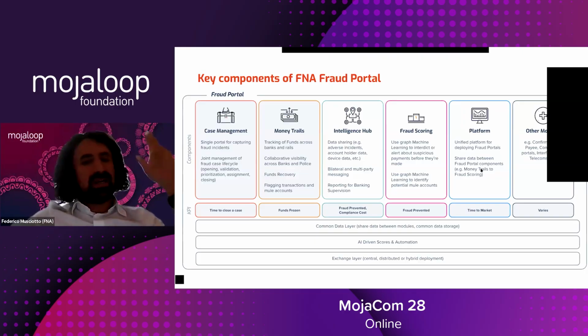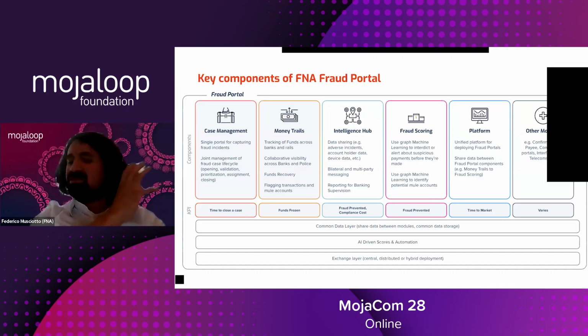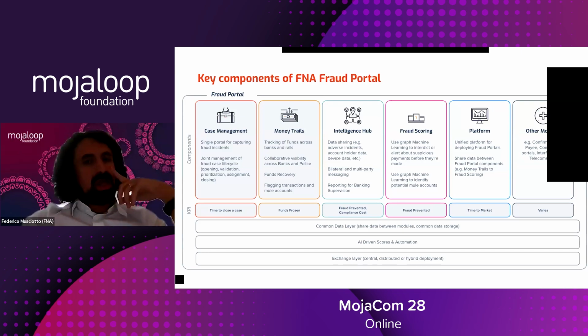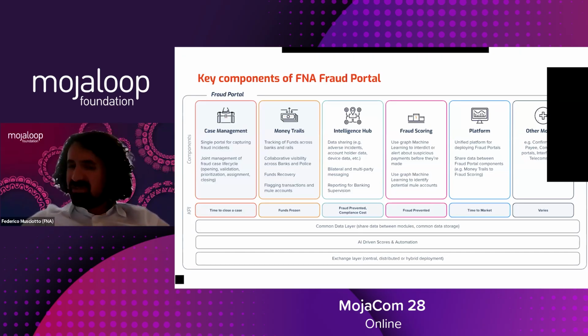Similarly, some other of these tools require some kind of central hub or centralized platform to work, no matter precisely which players are involved. But this is not necessarily the case for the fraud scoring, which is what we can focus on here to bring forward the discussion.